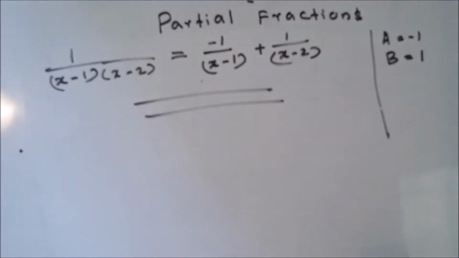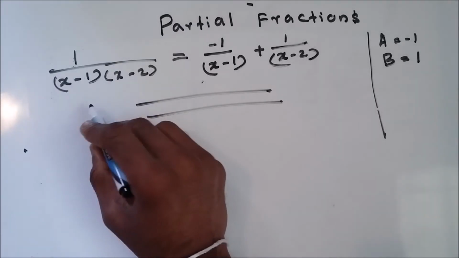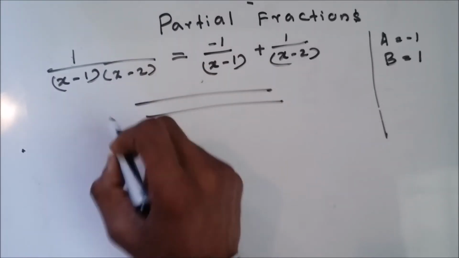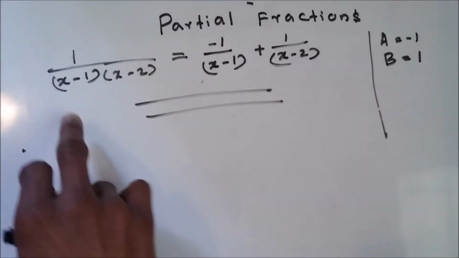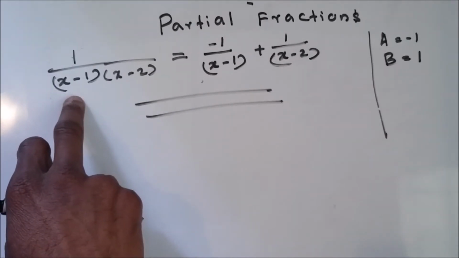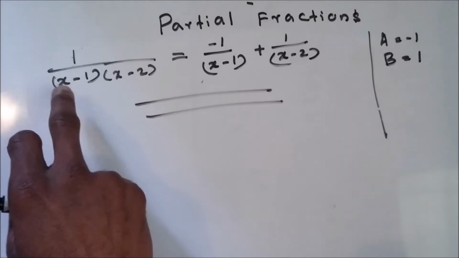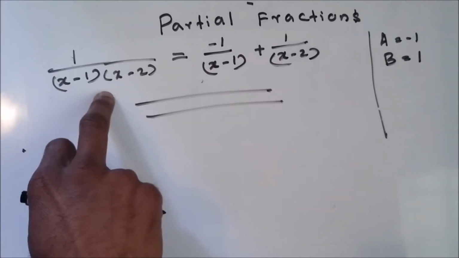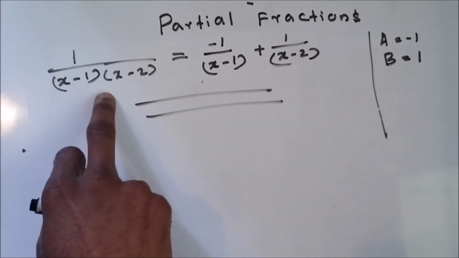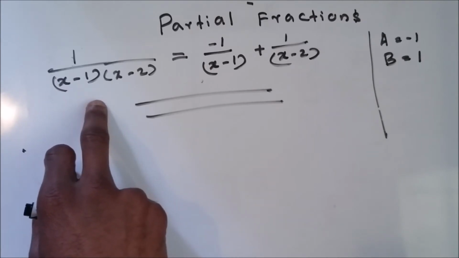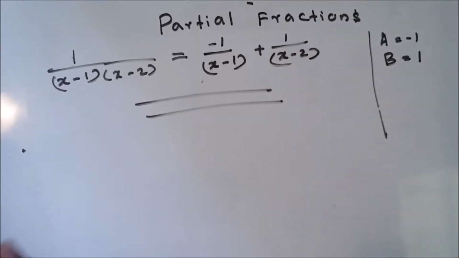This is the solution. We can solve every partial fraction like this if there is a linear factor in the denominator. Then I am going to discuss the second example.